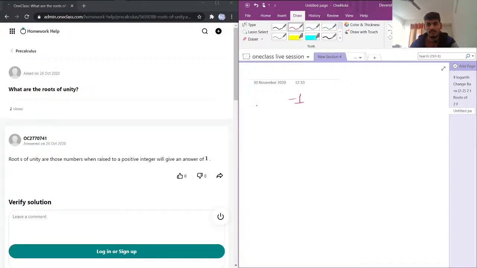So it will be minus of 1. So for n equals to 2, root of unity is minus of 1.